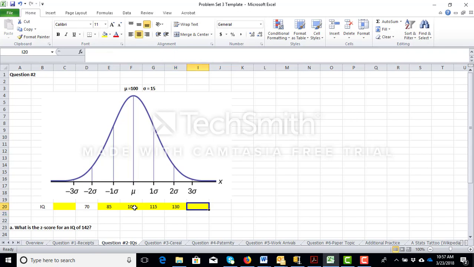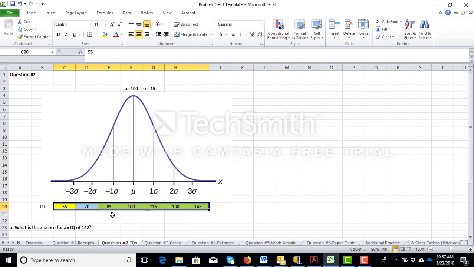How about 3? I hope you agree that that's going to end up being 145 IQ points. And 3 standard deviations below the mean, I hope you agree, would end up being 55. Please let me know, think about what I've just said here.